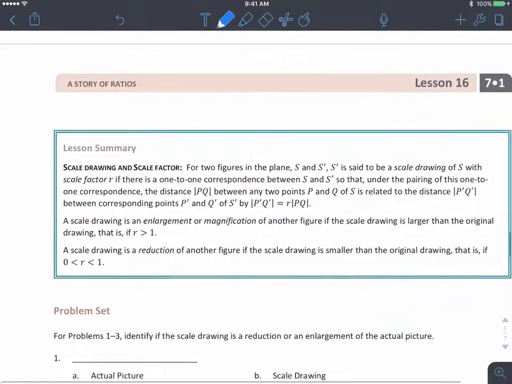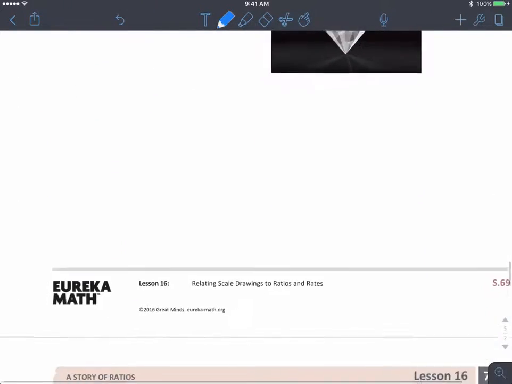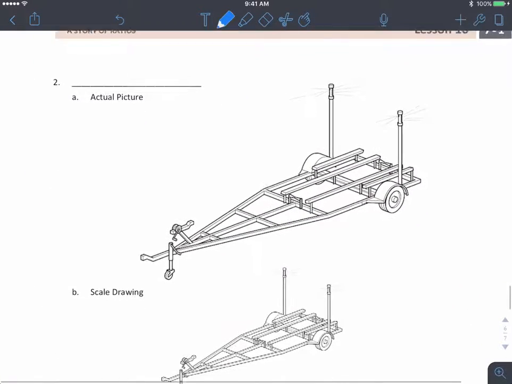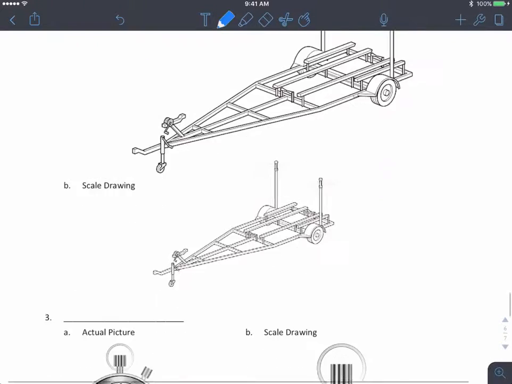Okay, so for homework you were supposed to do the problem sets with the images, so let's do that now. So the scale drawing would be an enlargement. And then this would be a reduction, because it's smaller.